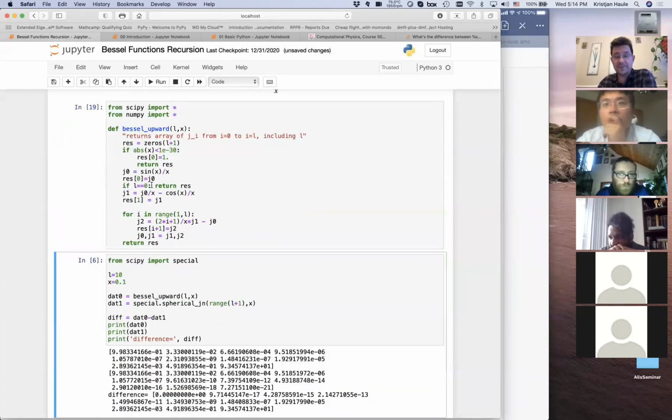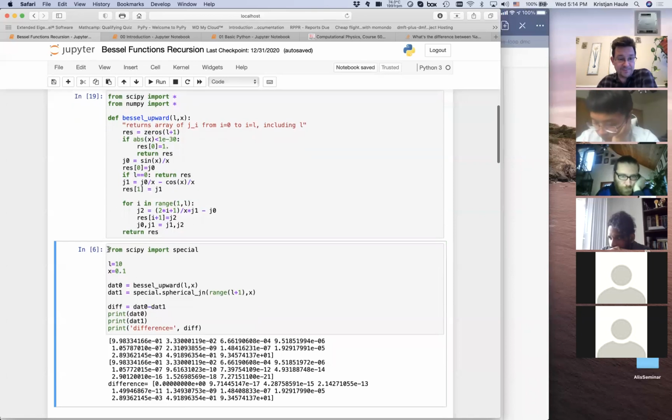Okay, so now we have this function evaluated in the memory, and now we can start using it. Okay, so here I prepared a test for this recursion, and in order to check how precise this calculation is, we're going to use Bessel functions, which are defined in the library of special functions.